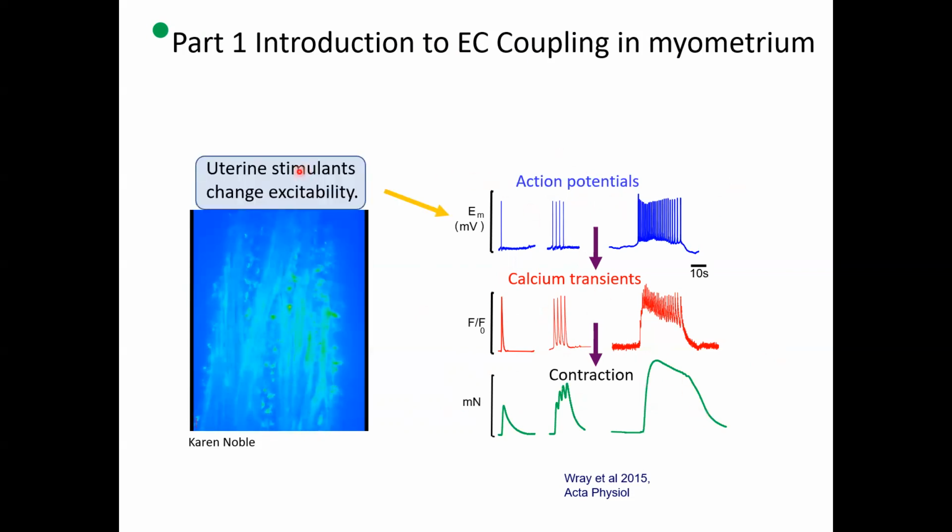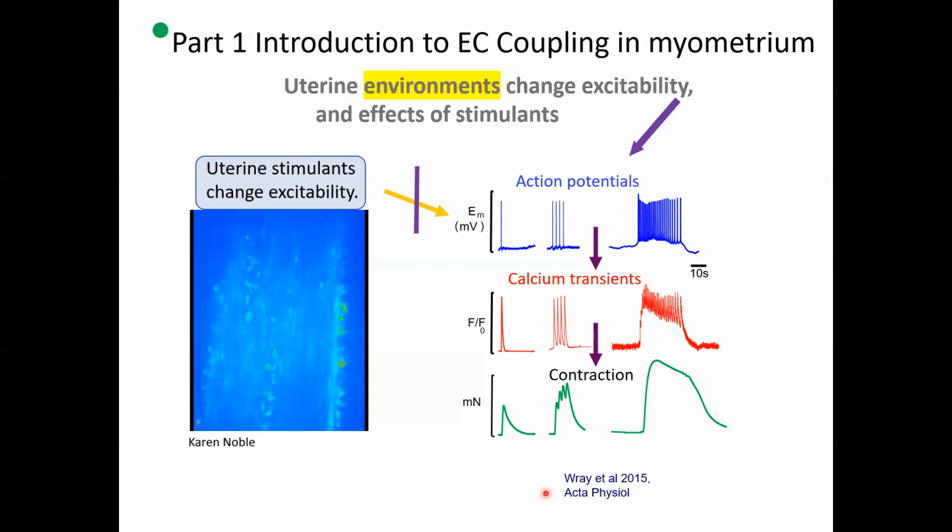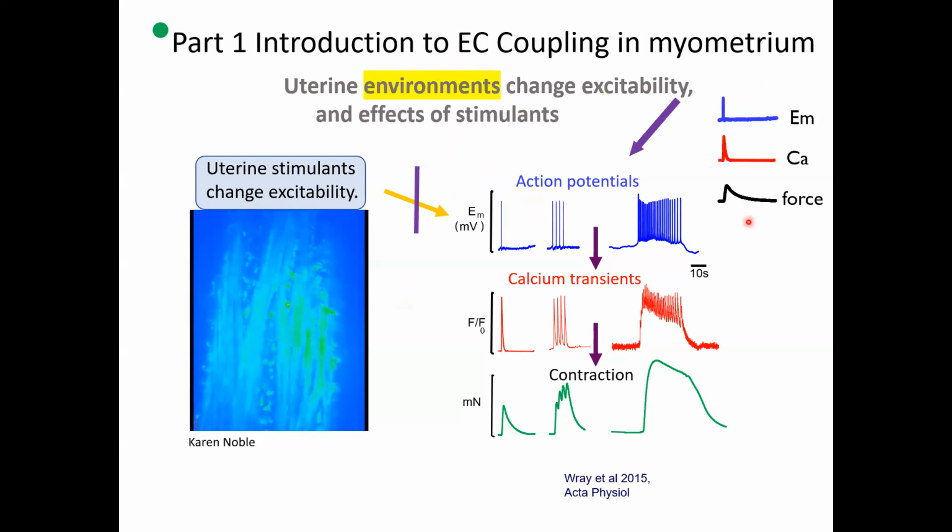And indeed, uterine stimulants can work by changing excitability and working through this pathway. However, what I'm going to show you in the next part of the talk is that this uterine environment can change that excitability, and it can affect how well stimulants can work or not. And to remind us, here's our EC coupling cartoon.